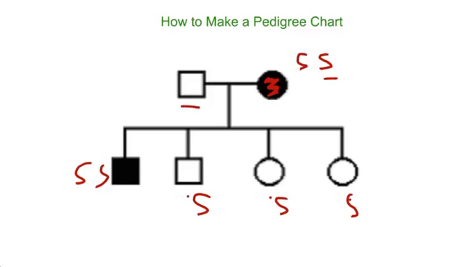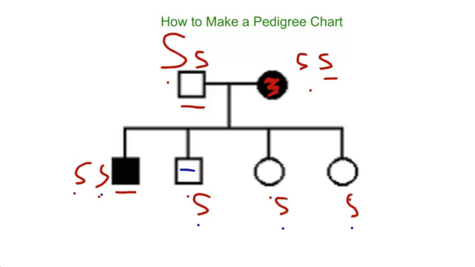But dad up here does not have the trait. He's not affected, which means he has to have at least 1 big S. But because the son has the trait, dad must also have a little s. Otherwise, how could his son have gotten 2 of them? So if we take mom and dad and think about the genotypes of their offspring, mom gave everybody a little s.